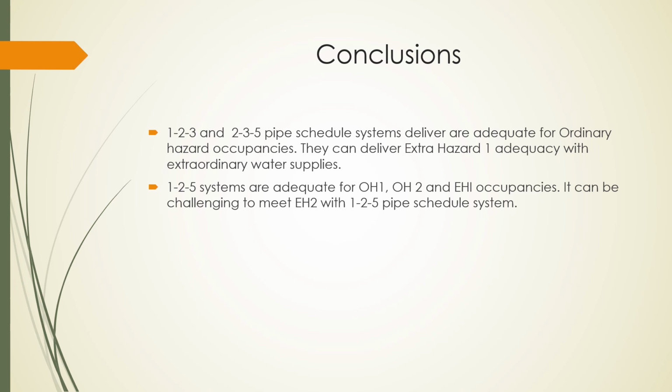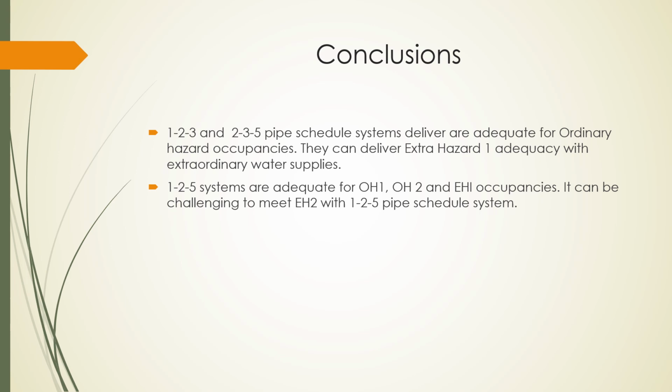What are the conclusions that we can come up with based on our review of these pipe schedule systems? I think we can say with some level of confidence that the 1, 2, 3 systems in place from 1905 to 1940 and the 235s in place from 40 onward are likely adequate for ordinary hazard occupancies, given a decent water supply.